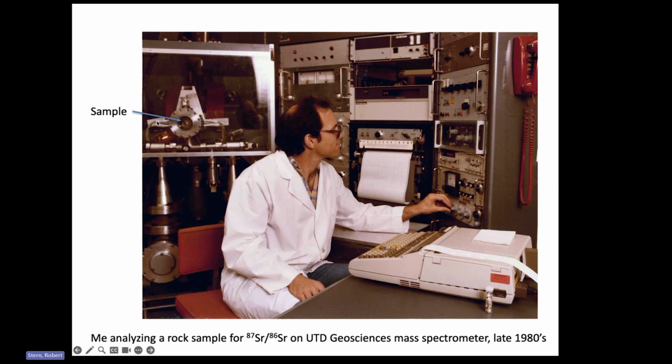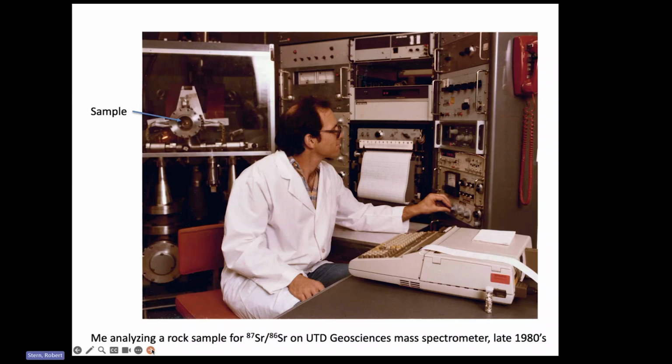This is all in a vacuum, and those are the vacuum pumps. And then you just heat it up, and that evaporates it and ionizes it, and it's accelerated through a magnet. You can barely see the magnet back here, and then it's collected up here on top. But yeah, that got me tenure.